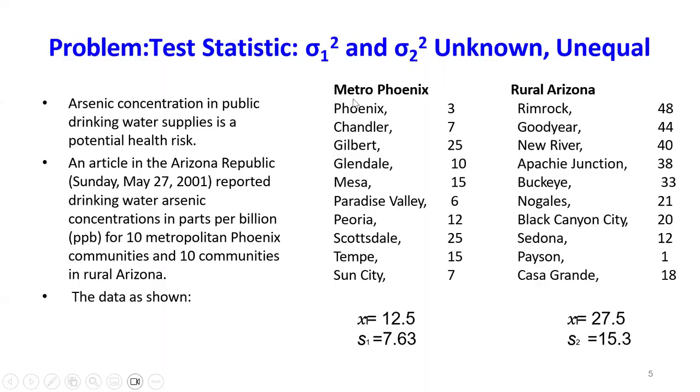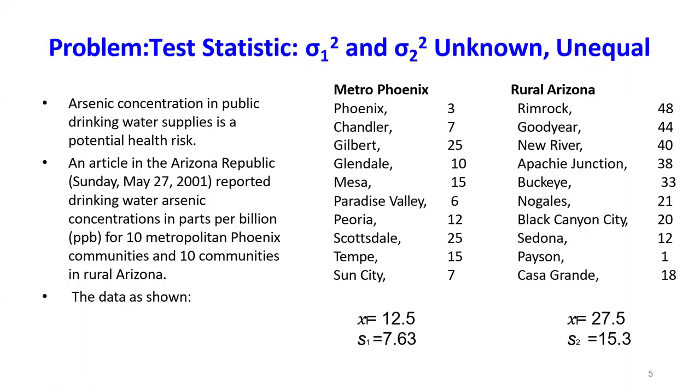In this particular county, they went to this particular community, Phoenix, and measured the arsenic concentration in the drinking water. Similarly, for all these 10 different metropolitans or communities, they have measured the arsenic concentration. Similarly here. Now, these are two different samples coming from two different populations.